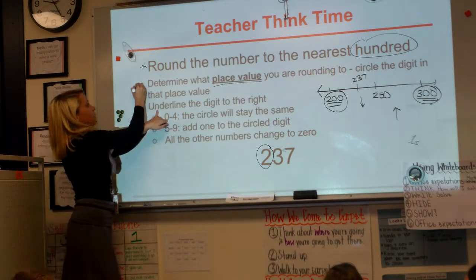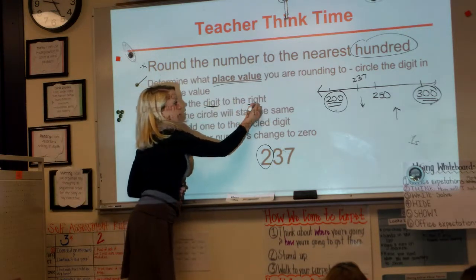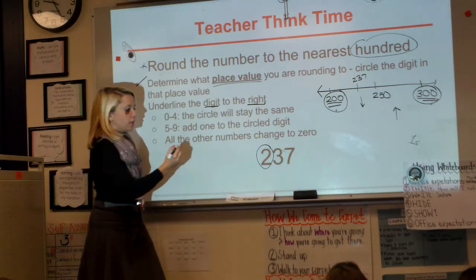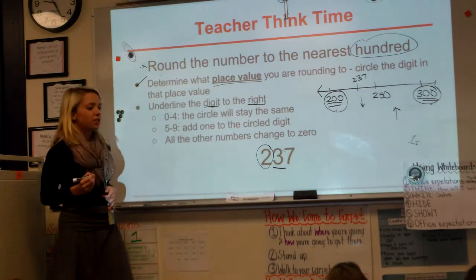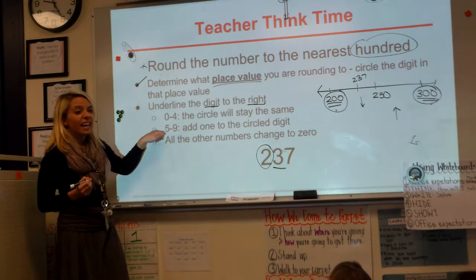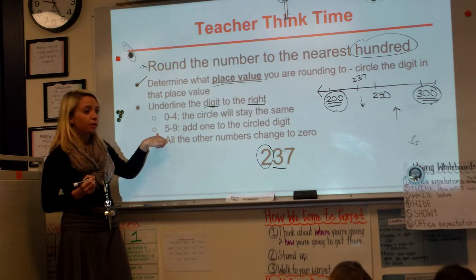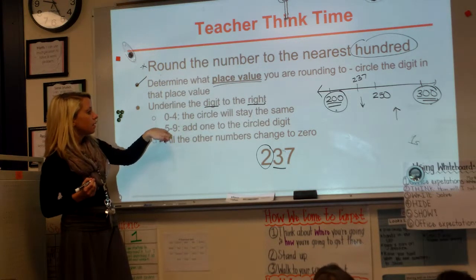My next step is to underline the digit to the right. I'm going to identify that 3 is the digit to the right, so I will underline it. This next step is very crucial, and this is where I'm seeing some mistakes.